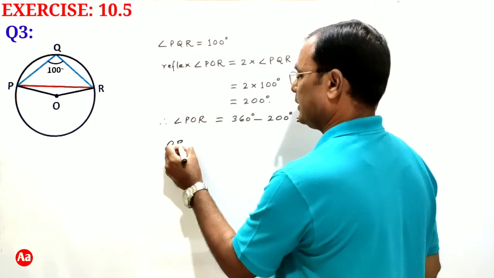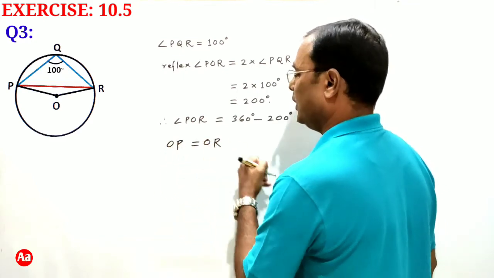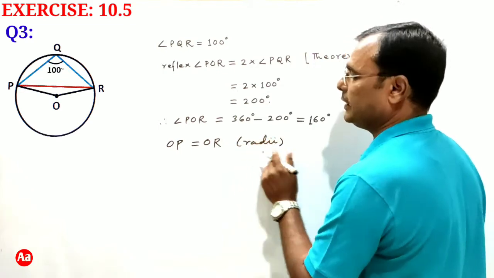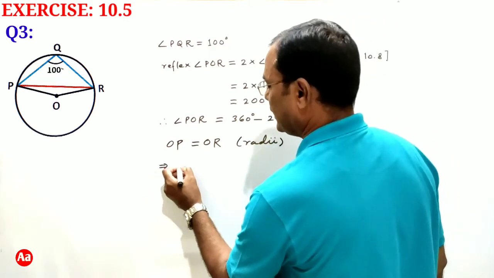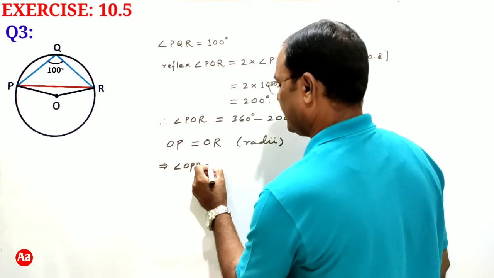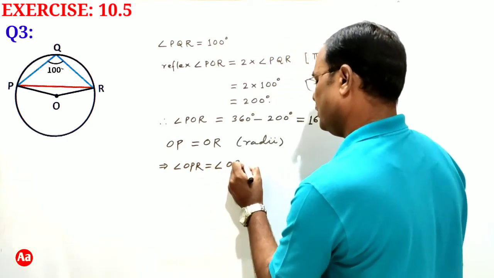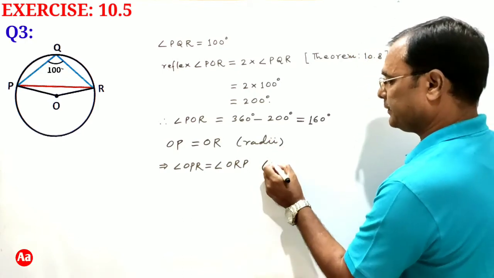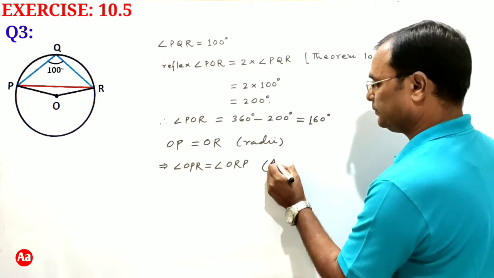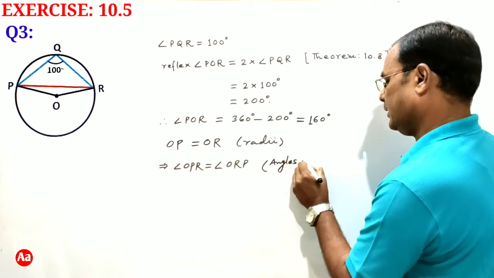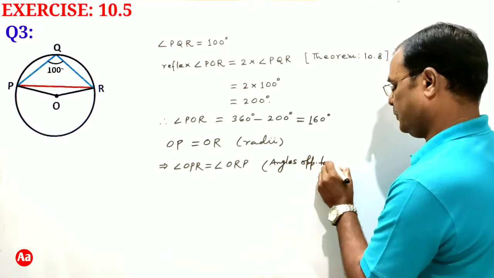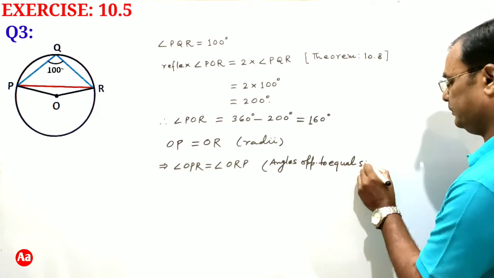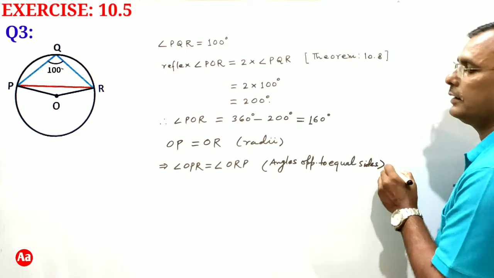OP is equal to OR because they are radii of the same circle, and this implies that angle OPR is equal to angle ORP, because angles opposite to equal sides are equal.